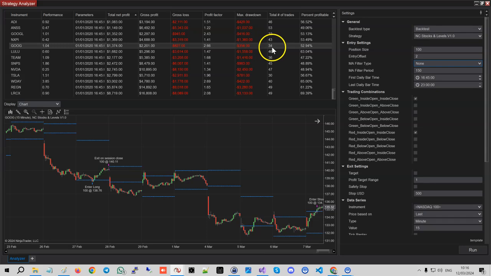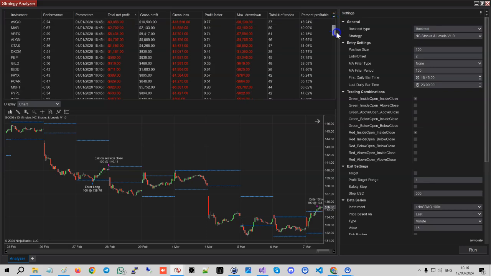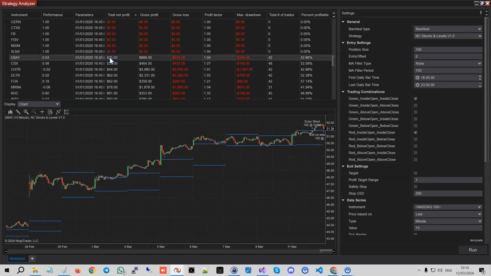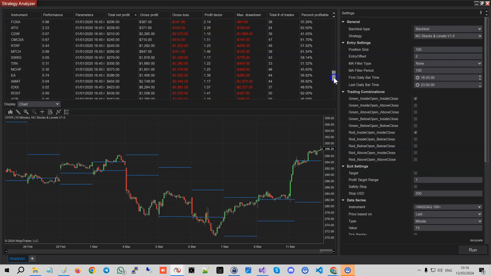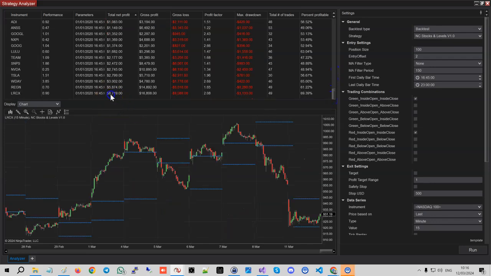Okay, so for example, Google did only 34 trades in 1 year. Okay, but the idea was to actually execute it on a combined number of stocks. Some produce awful results, okay, but you can see from here, so 1, 2, 3, I'm not gonna list all of them, but about half produce pretty good results, okay?